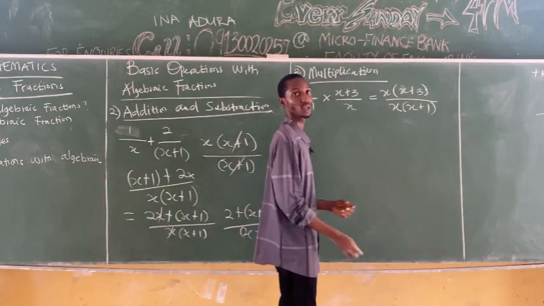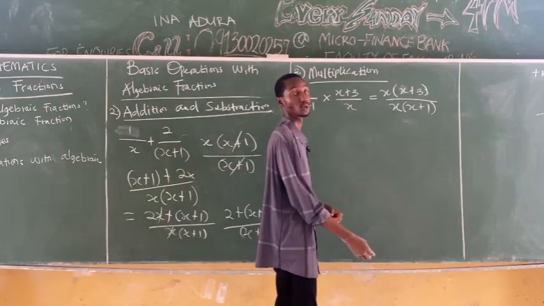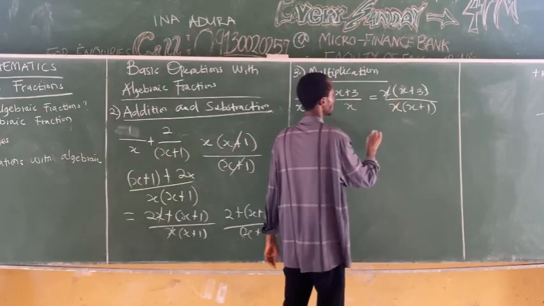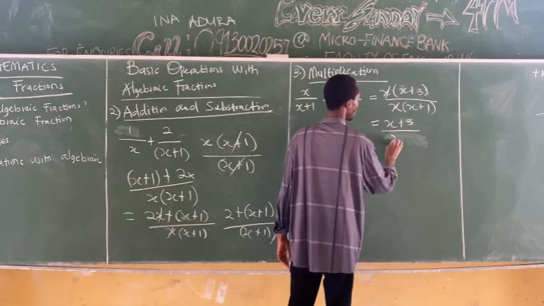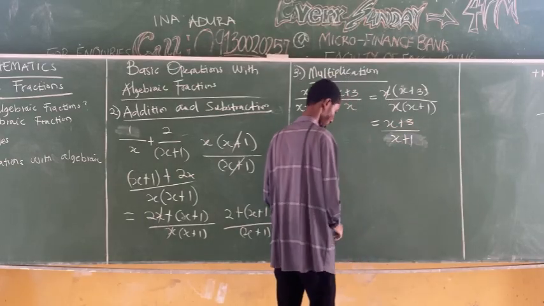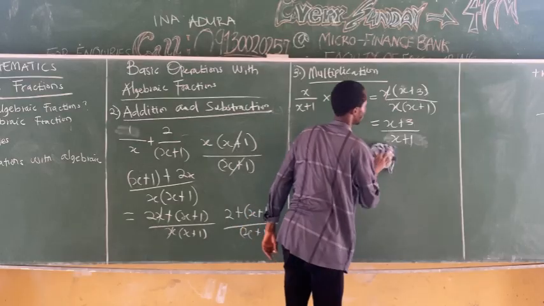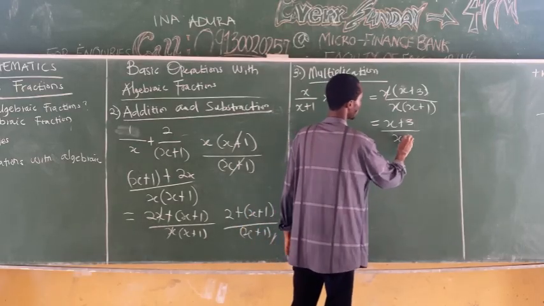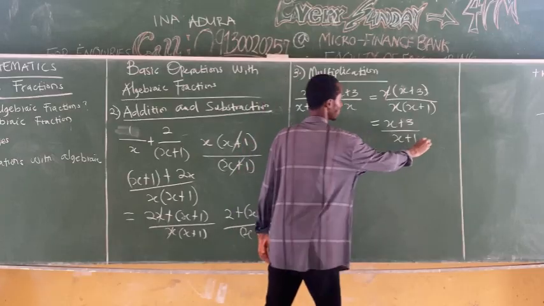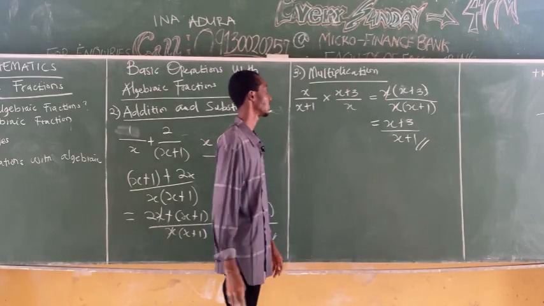There's something common here, right? Yes, x is common, so x will cancel x. This will give us what? x plus 3 over x plus 1. So this is our final answer.